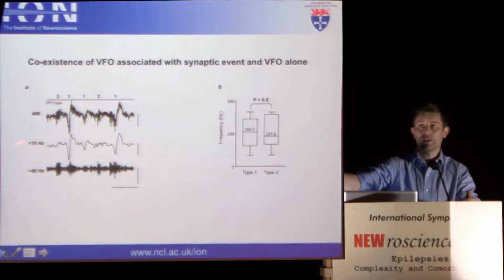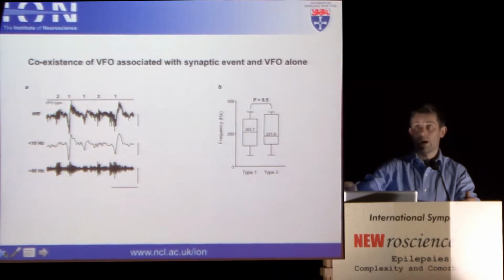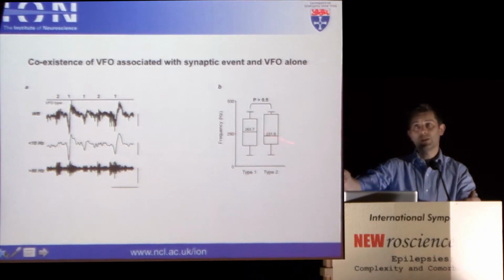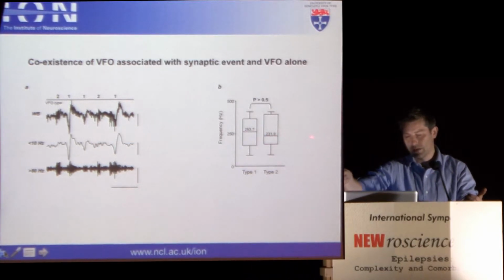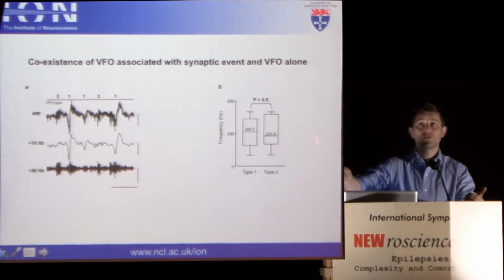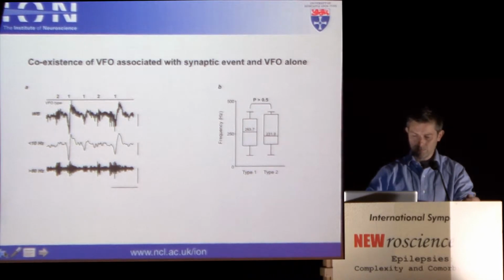It was clear that you had high frequency oscillations which existed on their own or which were coincident with these large population synaptic events. And when we looked at the analysis of the peak frequency of these high frequency oscillations, there was no obvious difference. So these were both in what could be described as the fast ripple frequency domain.